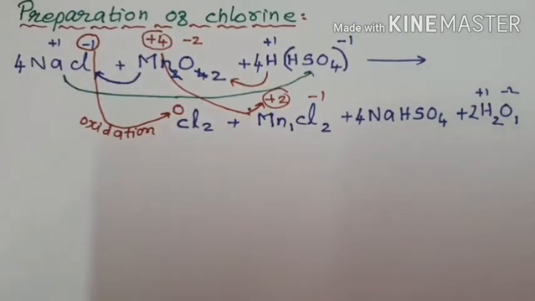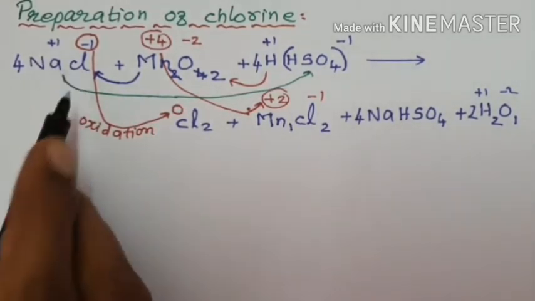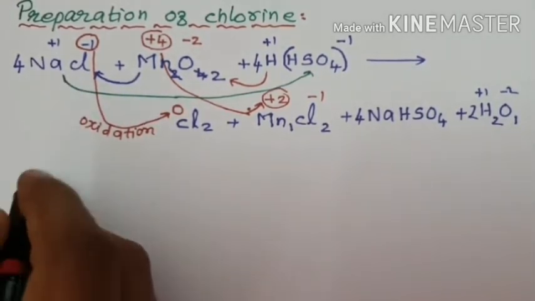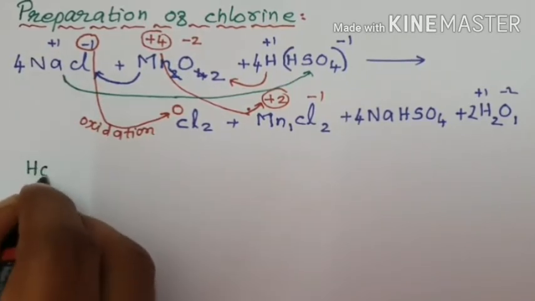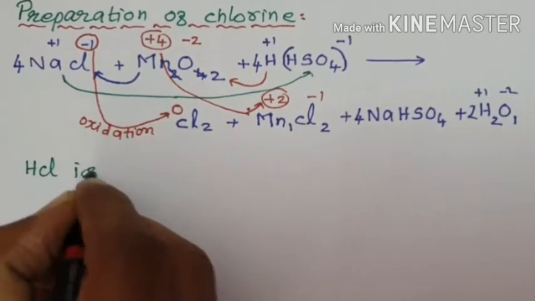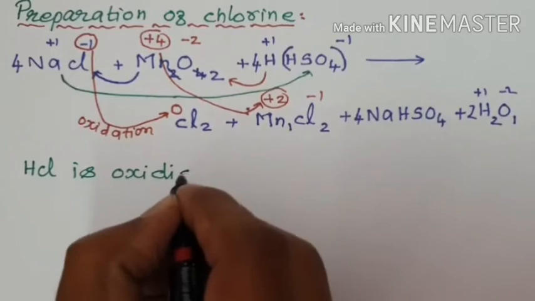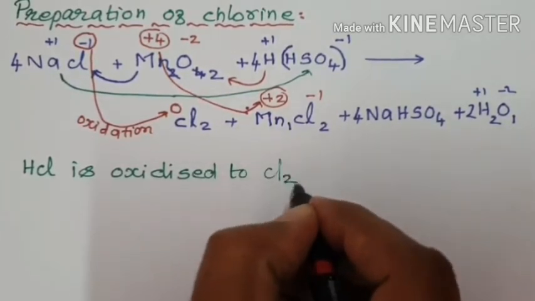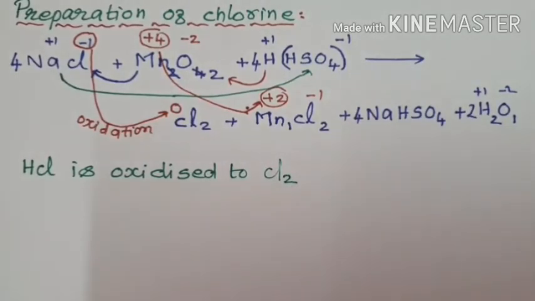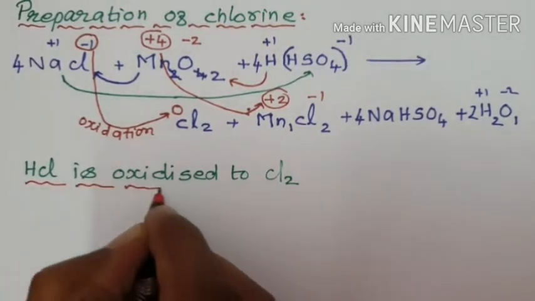Already we have discussed the preparation of chlorine from ionic chloride. In this reaction, hydrochloric acid HCl is oxidized to chlorine Cl2. In all the following reactions, HCl is oxidized to chlorine.